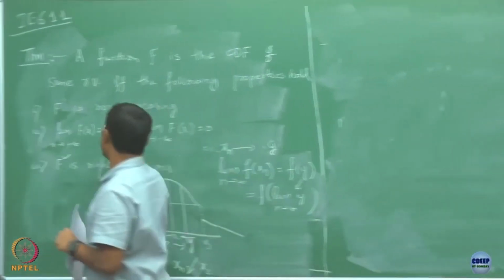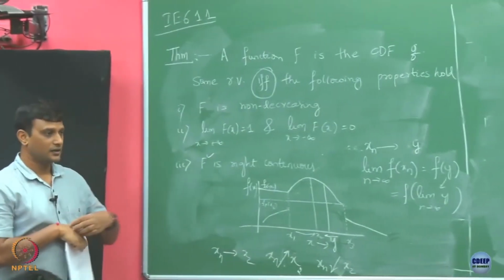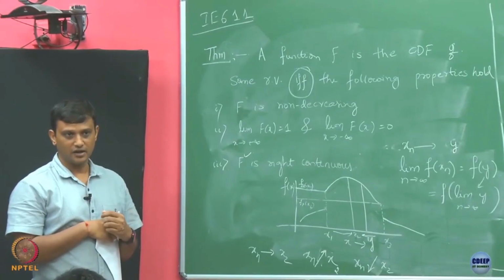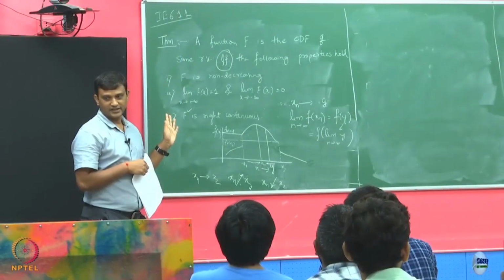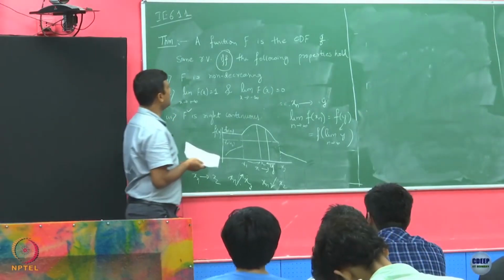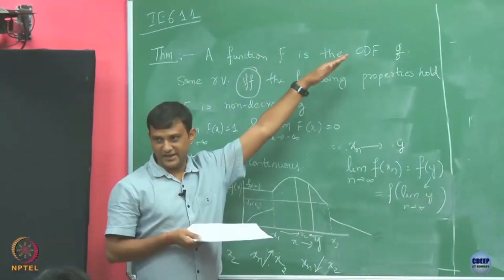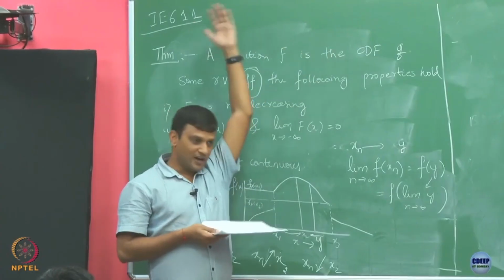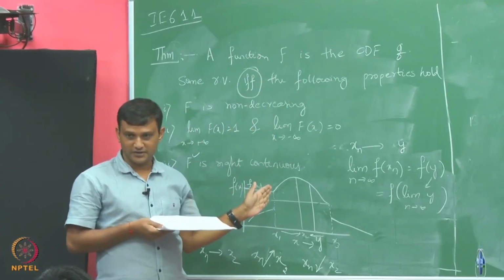See this, I have said "if and only if", right? You understand what I mean by if and only if? What we are saying is, if I am saying CDF, then this is the CDF of some random variable, so it should satisfy all these properties.